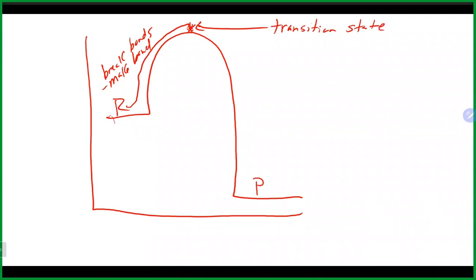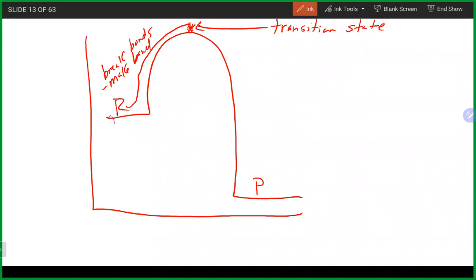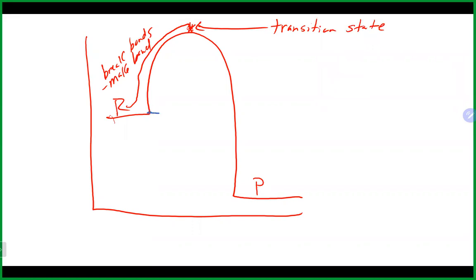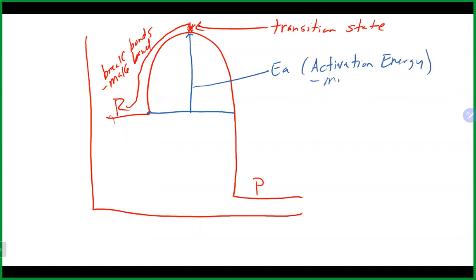And that hill that everybody pretty much needs to climb to get to the other side is what is known as the activation energy. And that really is the minimum amount of energy needed for a reaction to occur.